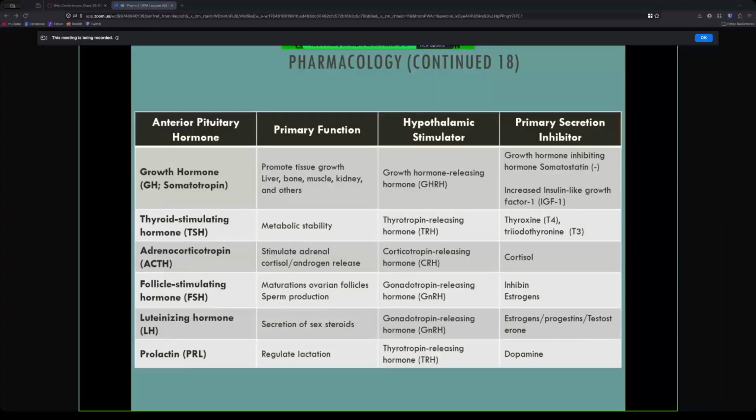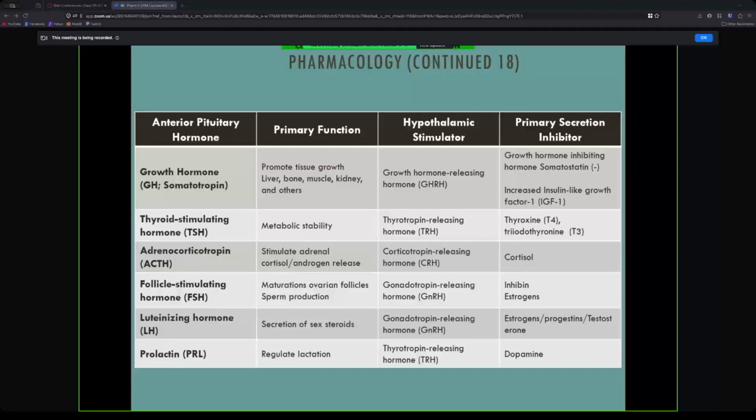So here is just a good table for you to review, showing which anterior pituitary hormones go with which hypothalamic stimulator there on the right, then the primary function of that hormone, and then the primary inhibitor on the far right.